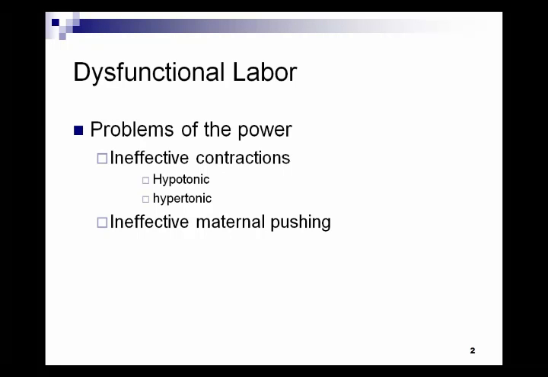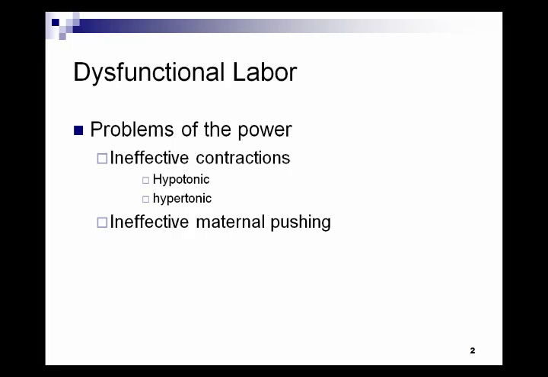With hypertonic contractions, two terms that we use are hyperstimulation and hypertonus. Hypertonus means that the contraction is staying longer than 90 seconds. Hyperstimulation means they are coming so frequently, usually more than 6 in 10 minutes, that we can't get enough of that rest period.